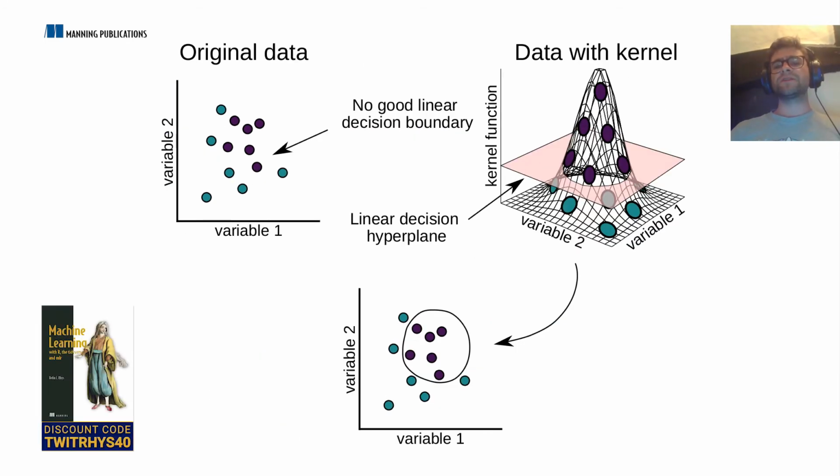Okay, so I mentioned here that support vector machines are kernel methods. They can use kernel functions to deform and stretch the feature space to help separate classes. There are a number of different kernel functions that will deform the feature space in different ways and that may be useful in different situations.